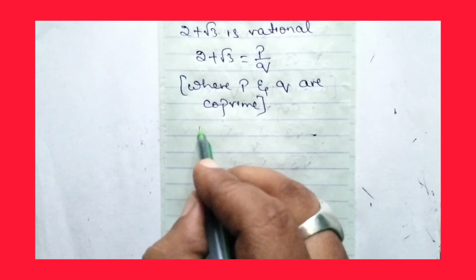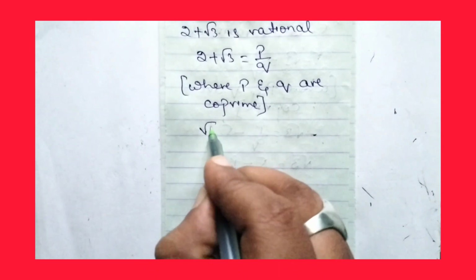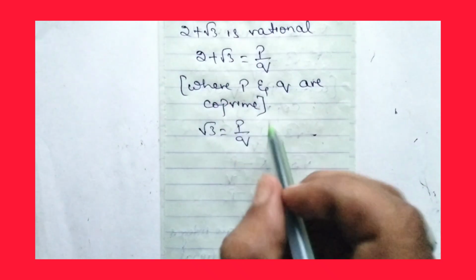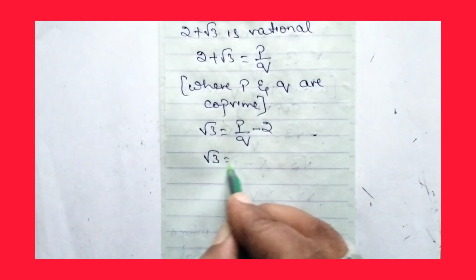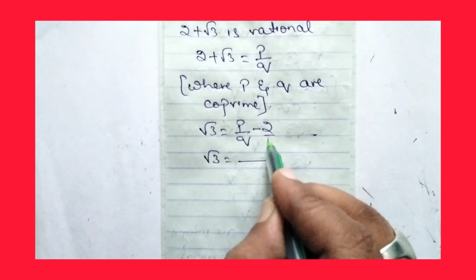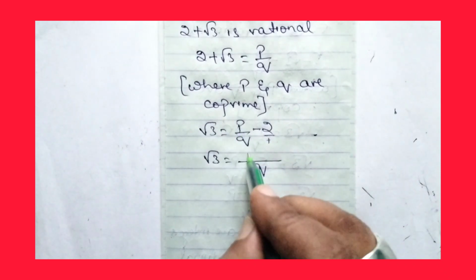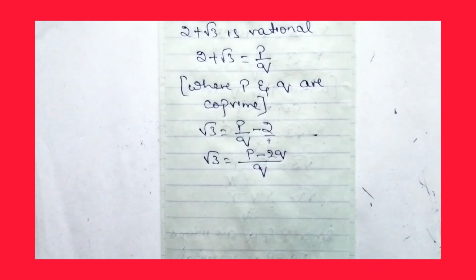Next, let us write root 3 is equal to P by Q, shift plus 2 to this side, it will become minus 2. So root 3 is equal to, for Q and 1 take the LCM as Q. 1 into P is 1P, Q into 2 is 2Q.